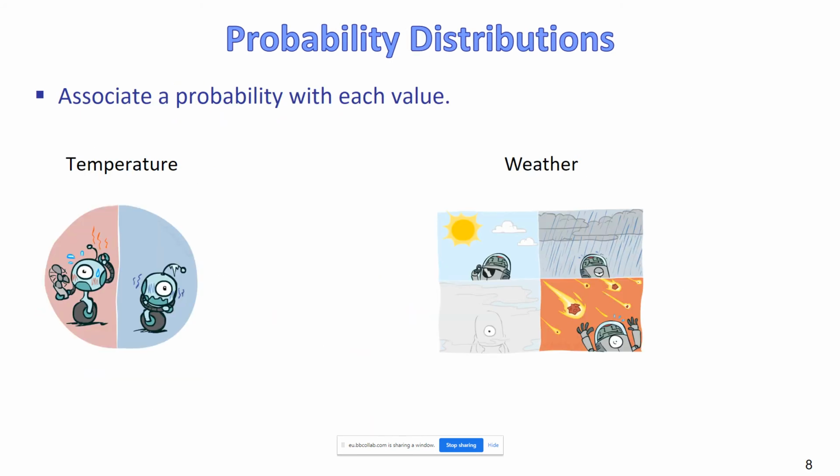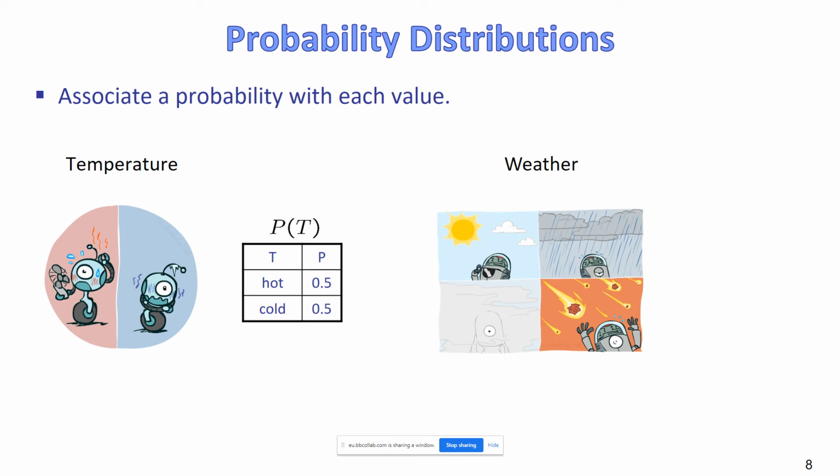Right. Now, what is a probability distribution? In the probability distribution, we assign or associate a probability with every value of the variable. So for example, we said that temperature has two possible values, for this example, hot and cold. In the probability distribution of that variable, we will have a specific probability for the value hot and another probability for the value cold.